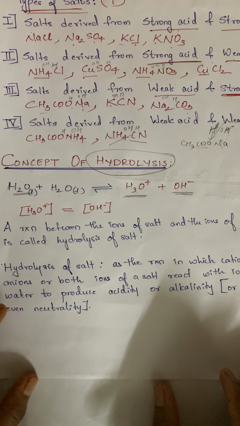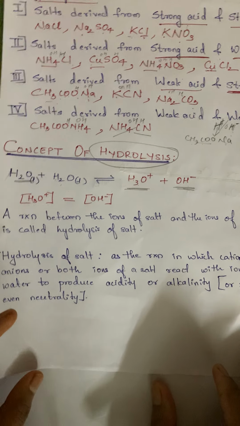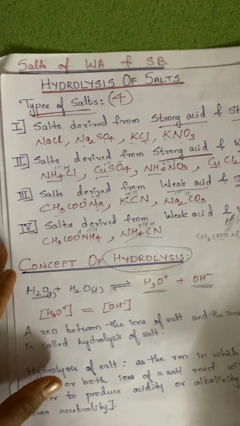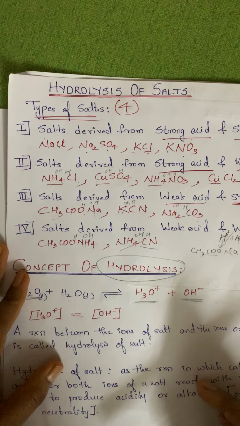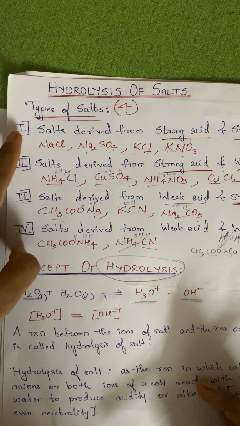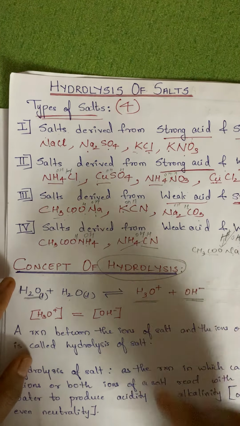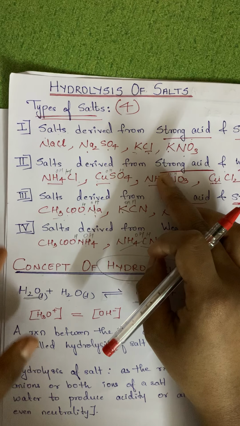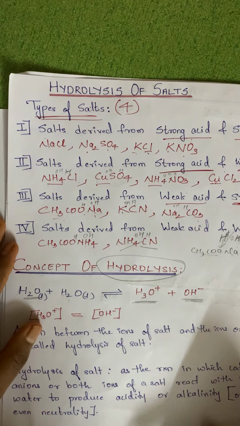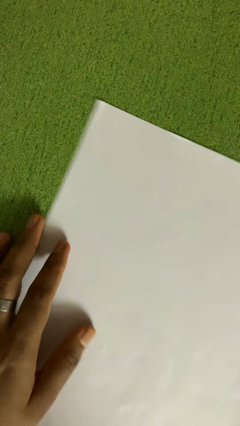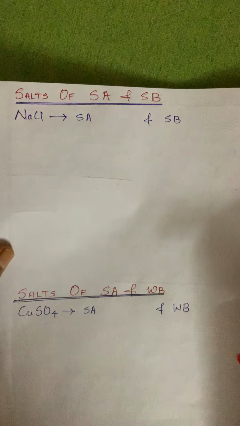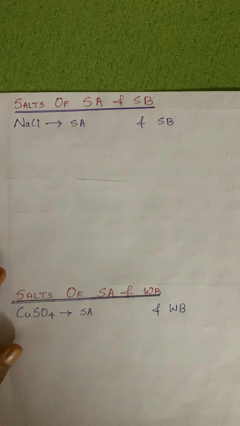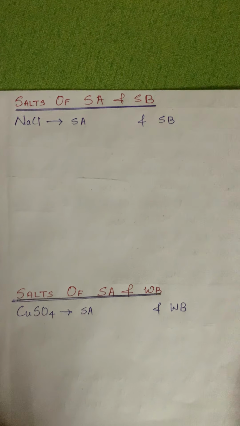So hopefully you understood the concept of hydrolysis. Now we have to see each of the types. Today we will be seeing these two types, and afterwards we'll see the further ones. So let's begin now.